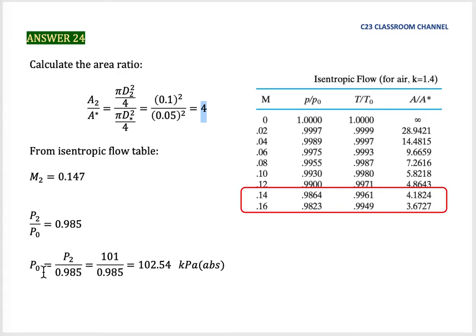From here, we could calculate the pressure at stagnation, meaning the pressure at reservoir, by having P2 divided by 0.985, and as I described previously, at exit the pressure will equal the atmospheric pressure, so we use 101 kilopascal here. We solve this equation, we could say that stagnation pressure, which is equal to the pressure in the reservoir, is equal to 102.54 kilopascal absolute.